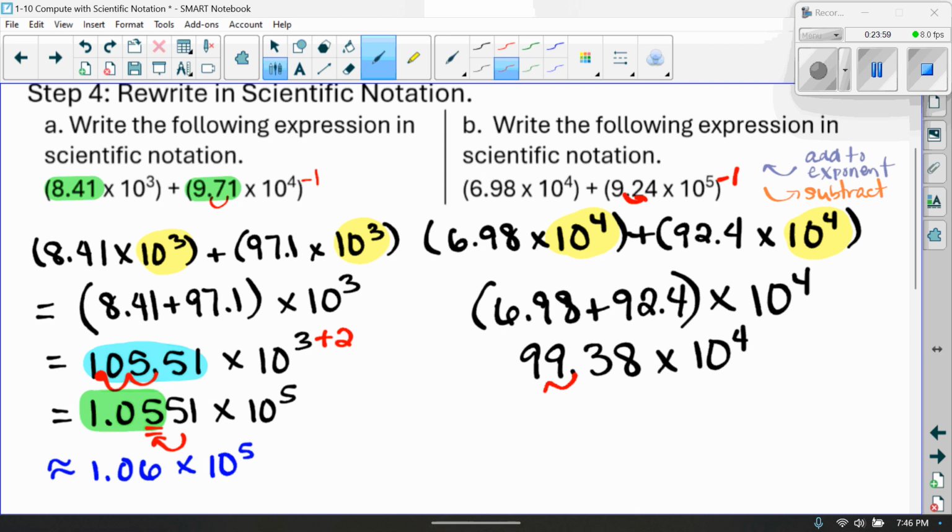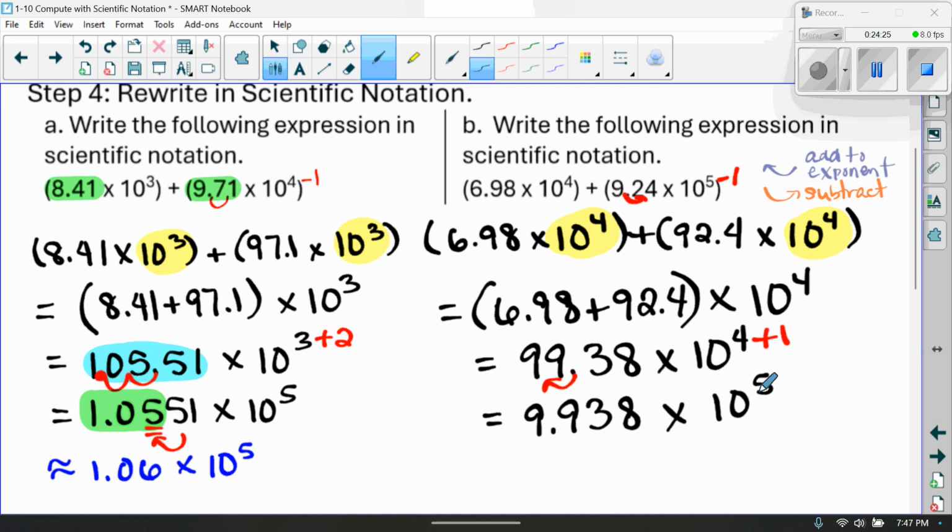We need to move this to the left. So when I move to the left 1, I need to add to the exponent. So we want to add 1 to the exponent. So this is going to give us 9.938 times 10 to the 5th power.